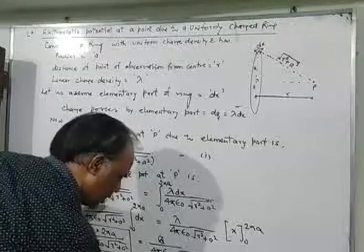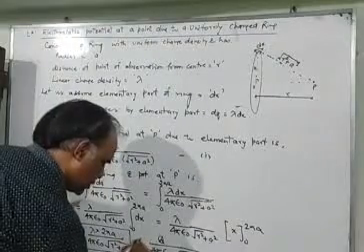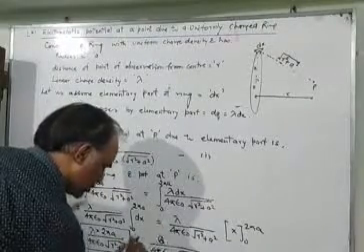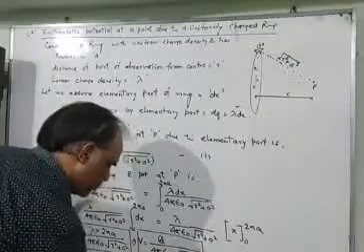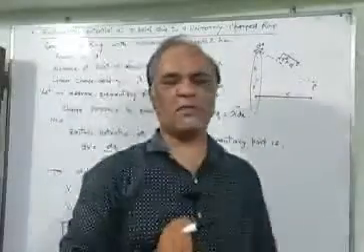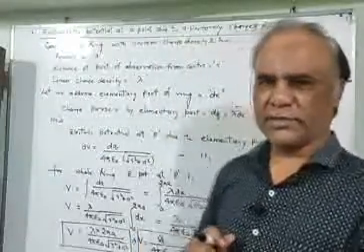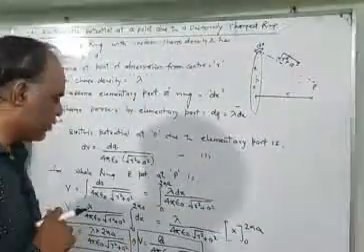So it can also be written as V equal to q upon 4 pi epsilon naught square root of r square plus a square. I hope this derivation must have been very clear to every one of you.